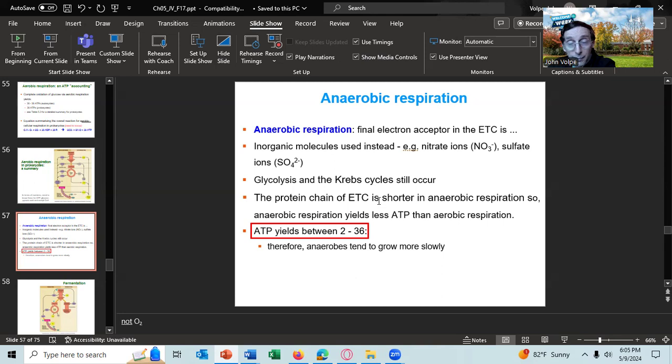Because the electron transport chain is a little shorter in anaerobic respiration compared to aerobic respiration, you have a lower yield of ATP. For prokaryotes, it would be someplace above 2 up to 36. And therefore, anaerobes generate less ATP per molecule of glucose than aerobes.